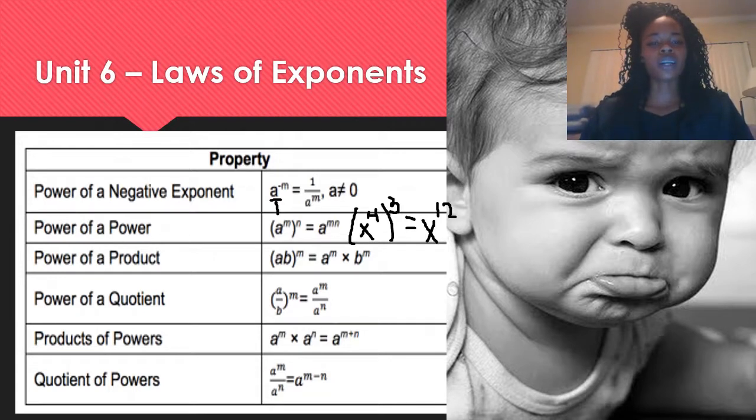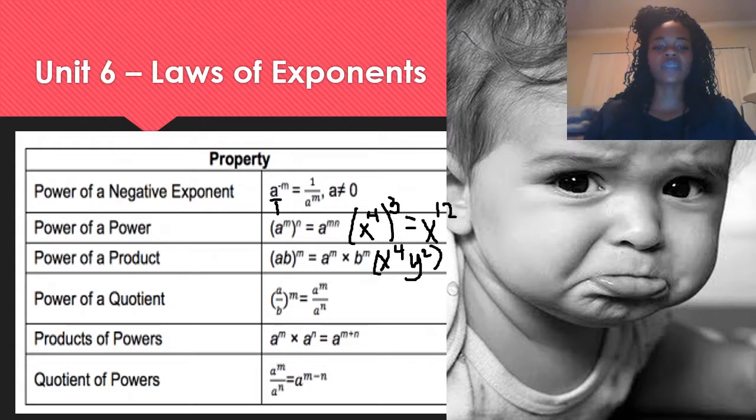The power of a product, pretty much the same thing. The only difference is, let's say instead of just x to the 4th, we have x to the 4th y squared. All of that is raised to the 3rd power now. So the only difference is now instead of just x, we have x and y. So what this rule says is you not only multiply it to the x exponent, but you also have to multiply it to the y exponent.